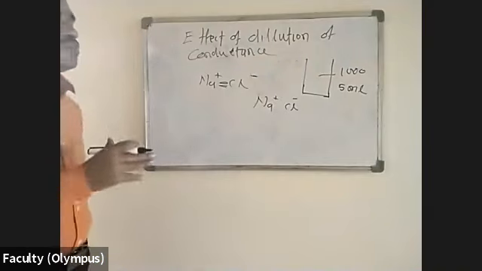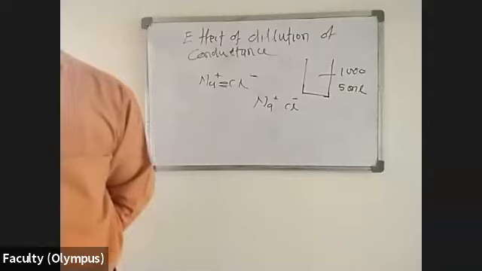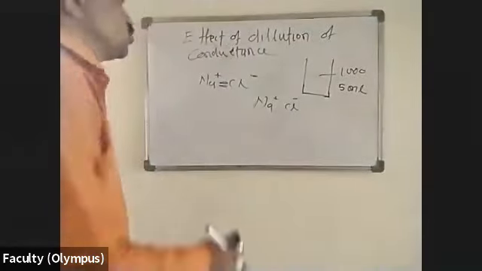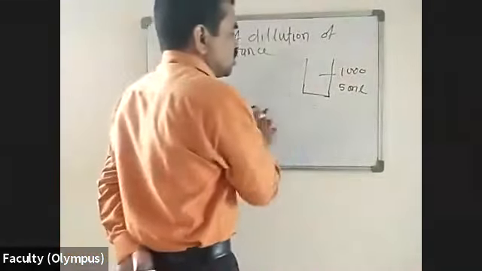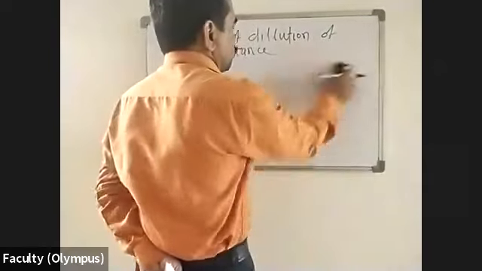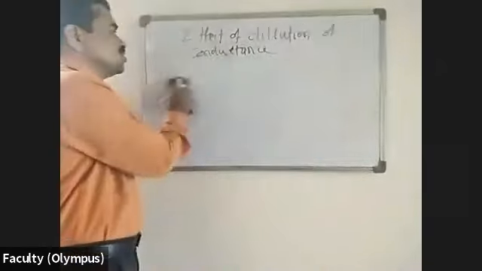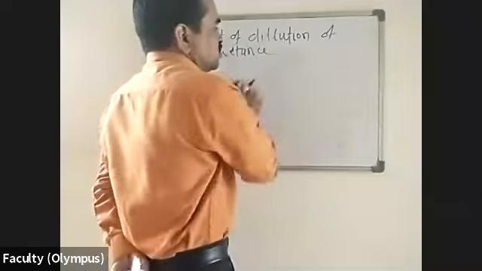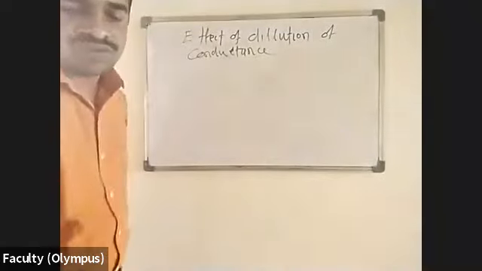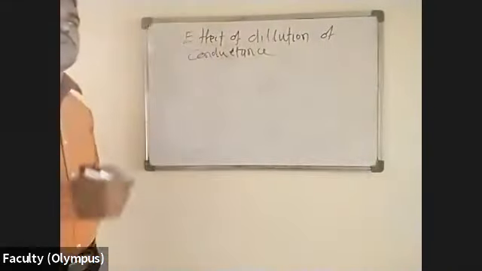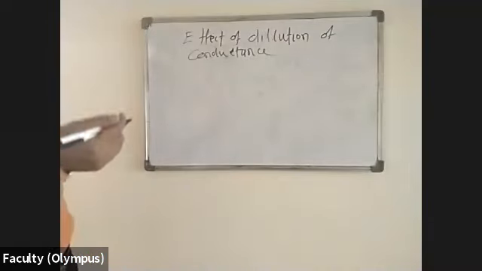So the observed conductance increases with dilution because at higher dilution, the electrolyte is completely dissociated. The number of active ions increases on dilution, and because of this, the observed conductance increases.